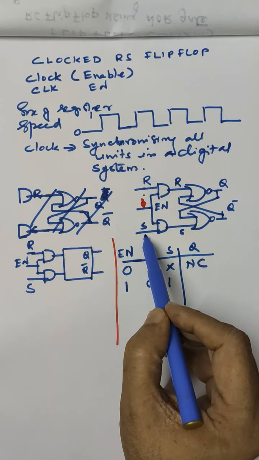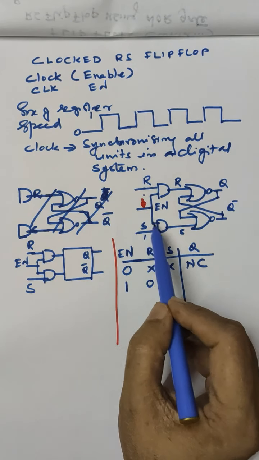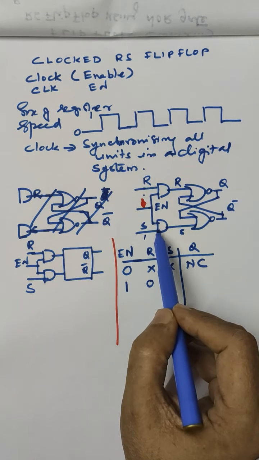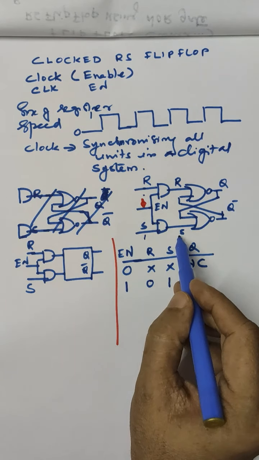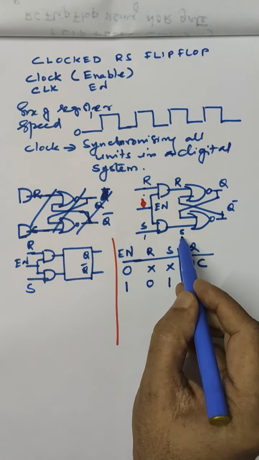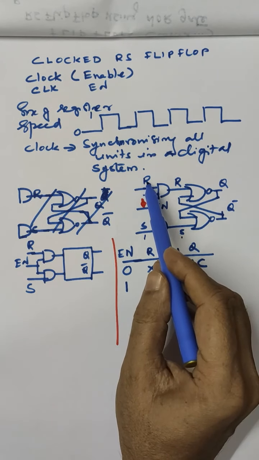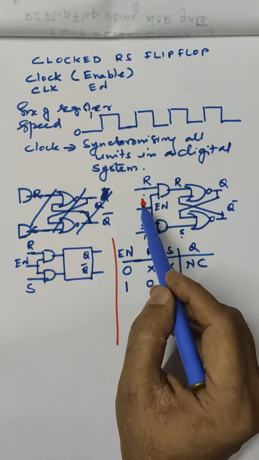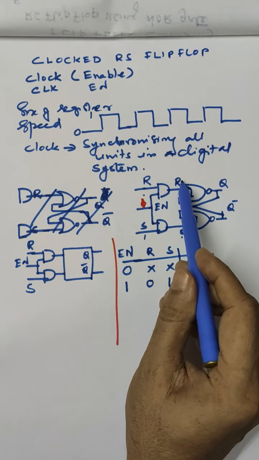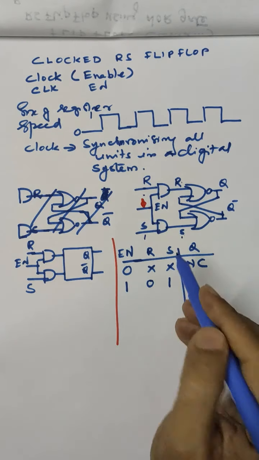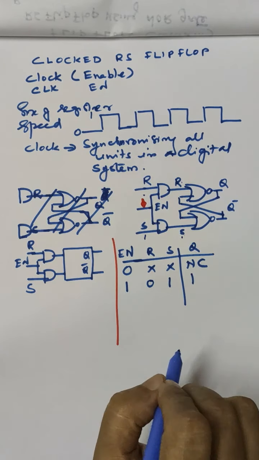See, S is equal to 1. Two inputs of the lower AND gate become 1, so that the output becomes 1. So this S becomes 1. While since R is equal to 0, even if enable is 1, the output of this AND gate is 0, that is, this R is equal to 0. So this is 0 and this is 1, which corresponds to set.